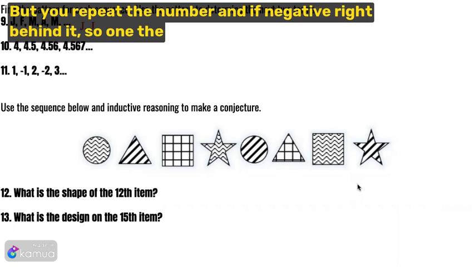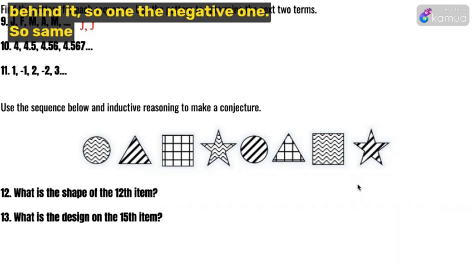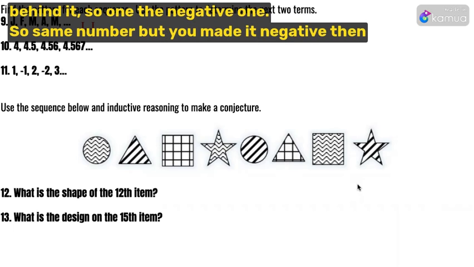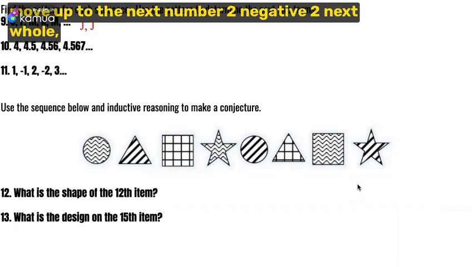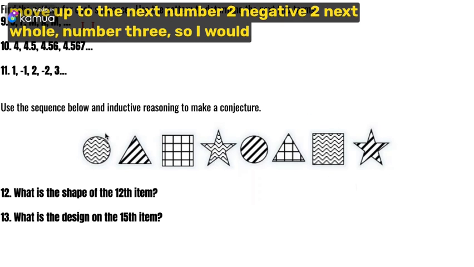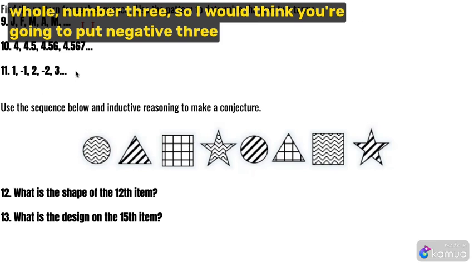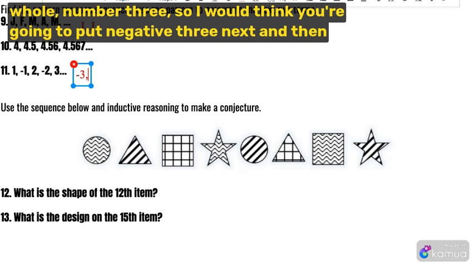So 1, then -1. So same number, but you made it negative. Then move up to the next number, 2, -2. Next whole number, 3. So I would think you're going to put -3 next, and then +4.